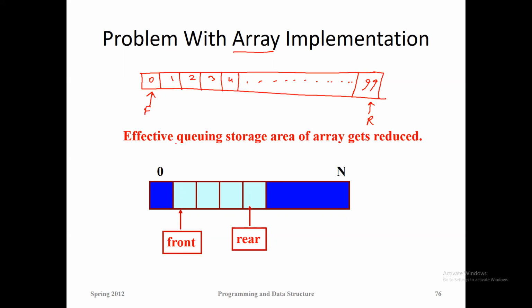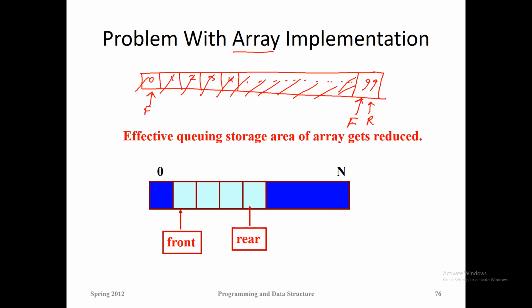Now, think of a scenario when you are going for deletion of the item. You are deleting one by one from the queue, and there is only one element. So both front and rear will point to it.